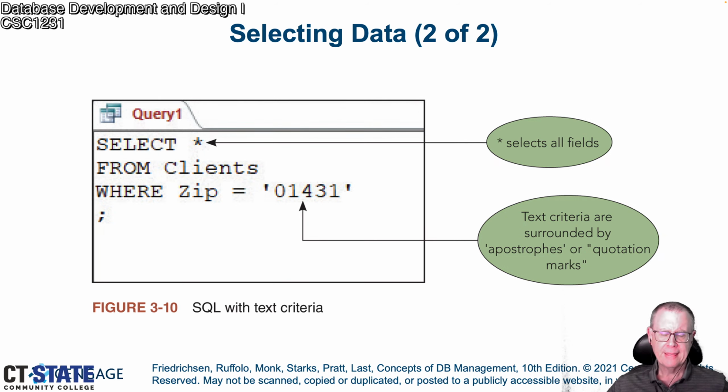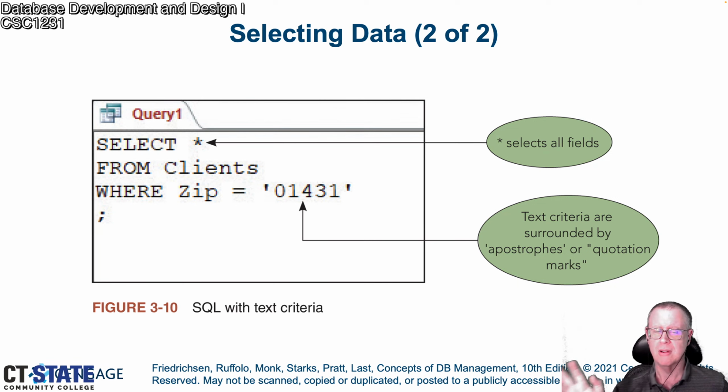Now, zip codes are really quite painful when it comes to databases. They look like numbers. They are not numbers in the usual sense, because oftentimes they start with a 0. For example, all Connecticut zip codes start with 06. I think 01 is Massachusetts.